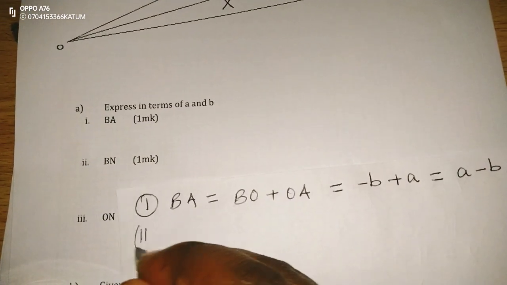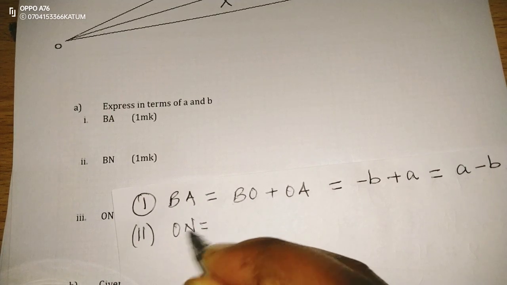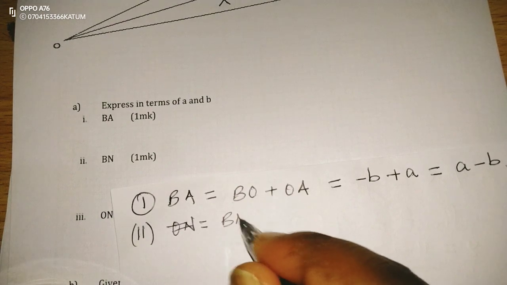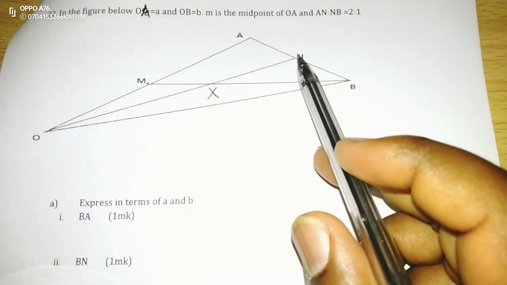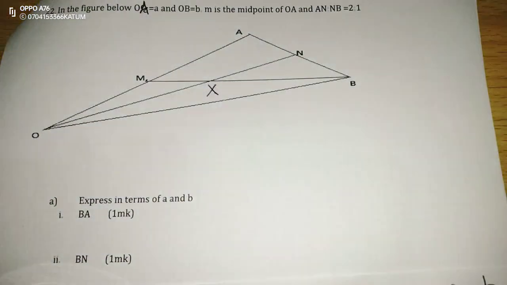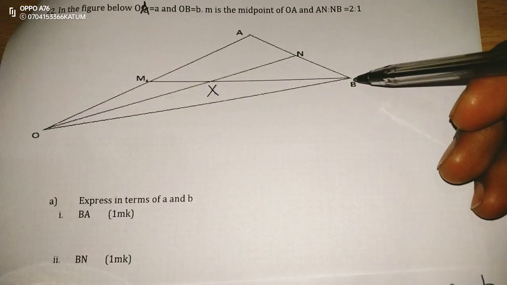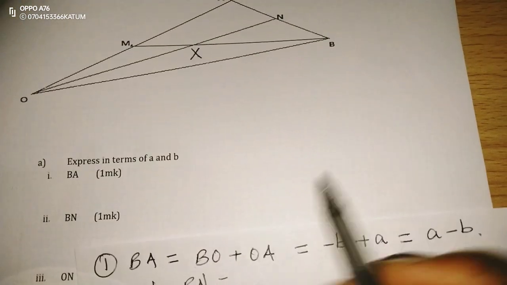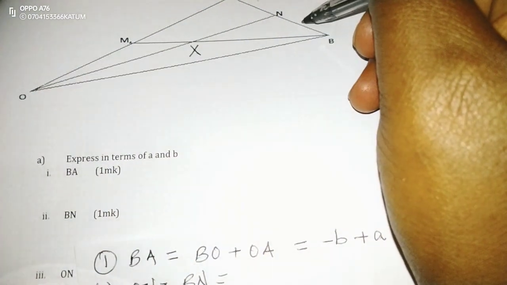Roman 2, we have vector ON. Before ON, we can get to BN. So vector BN. How do we arrive at BN? So BN, remember we have the ratio here. So BN can be given as, this is two proportions, this is one proportion.